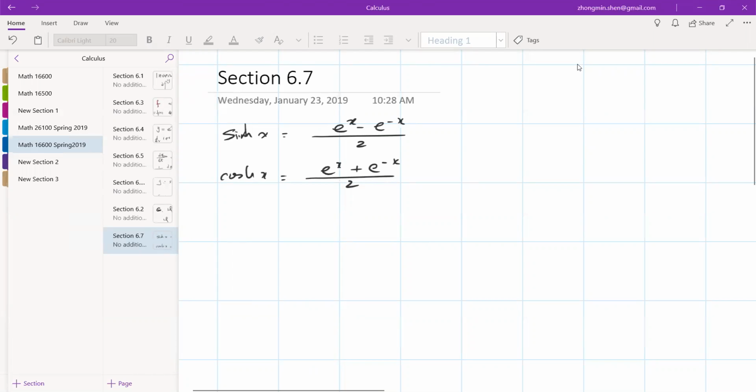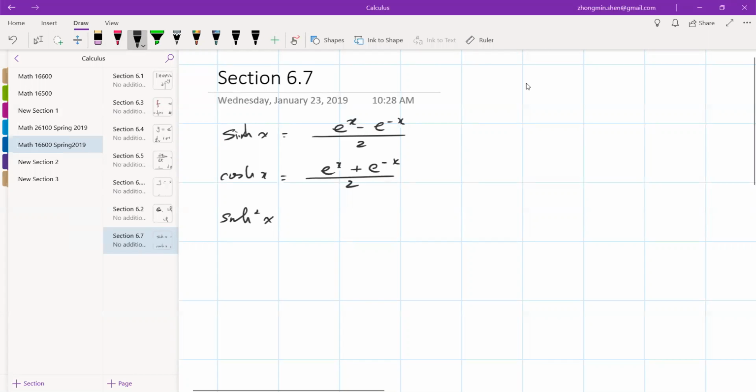The most important equation between them is hyperbolic cosine squared x minus hyperbolic sine squared x, and I think it's going to be 1.